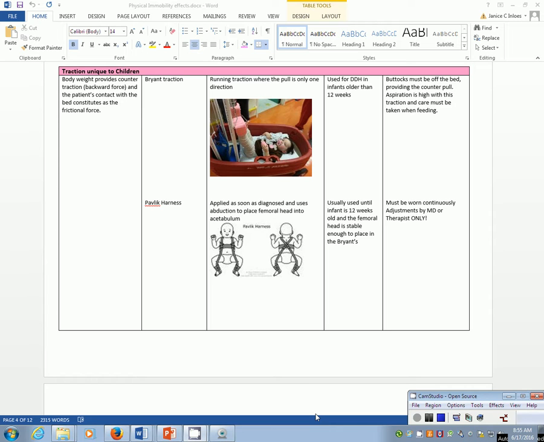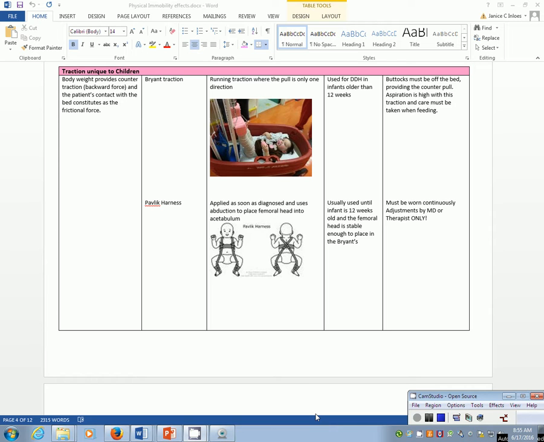It has to be worn continuously. The parents do not need to make any adjustments of this harness. Bed baths can be given. Sometimes the doctors will let you take it off and then put it back on for a bath once a week or so, but it has to be on continuously in order for it to work.